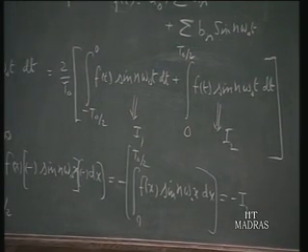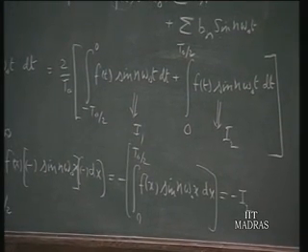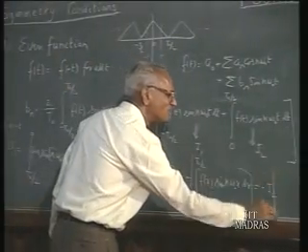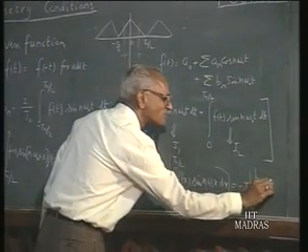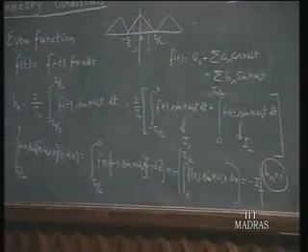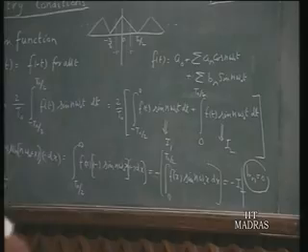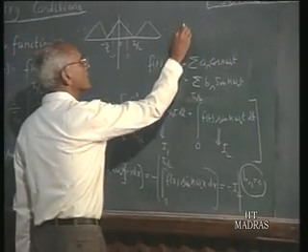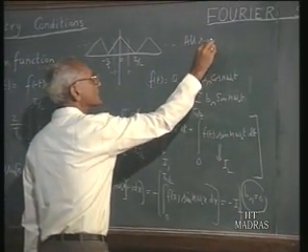So the upshot of this analysis is that Bn is 0. So if the function is even, we immediately can conclude that all sine terms are absent.